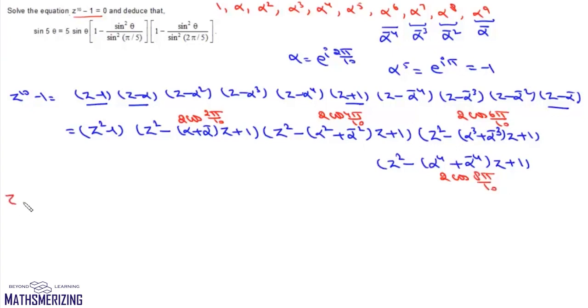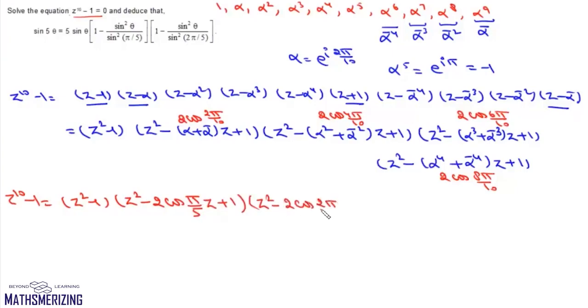So we'll write z to the power 10 minus 1 is (z square minus 1)(z square minus 2 cos pi by 5 z plus 1)(z square minus 2 cos 2 pi by 5 z plus 1)(z square minus 2 cos 3 pi by 5 z plus 1) and then (z square minus 2 cos 4 pi by 5 z plus 1).